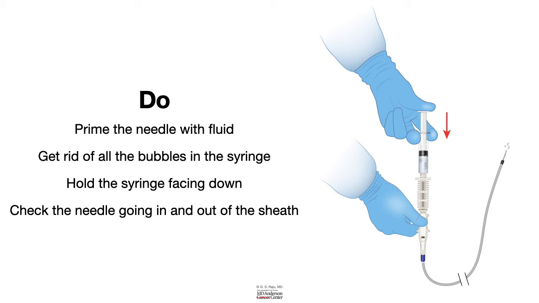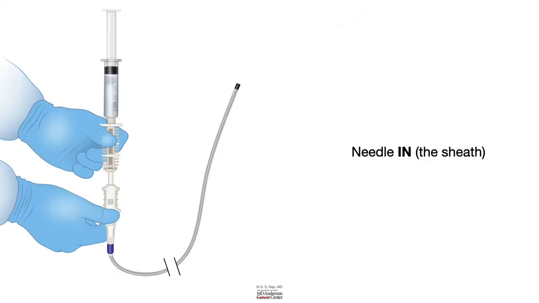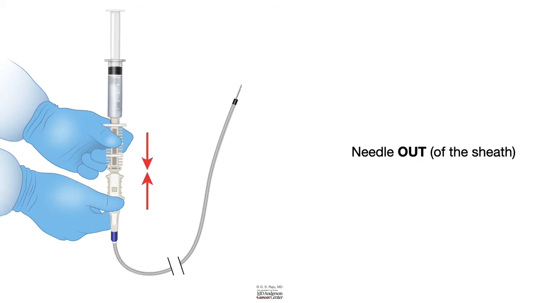You also need to check your injection catheter, whether the needle is going in and out, before you give it to the endoscopist. And how do you do that? Here, this is how the injection catheter comes out of the sheath. The needle is enclosed in the outer sheath, and you pull on the outer sheath towards the syringe, and the needle gets exposed.